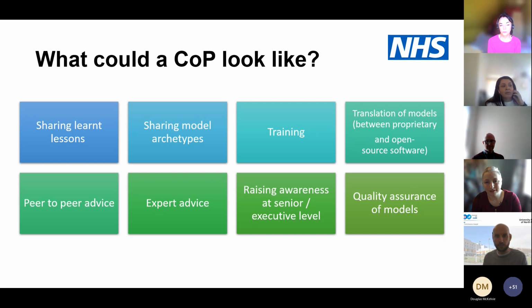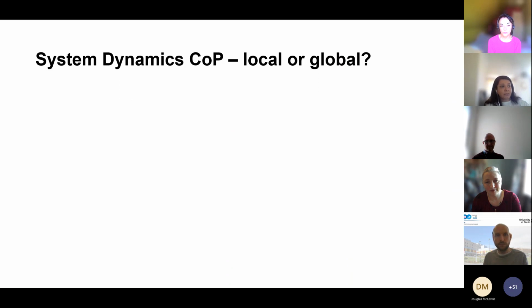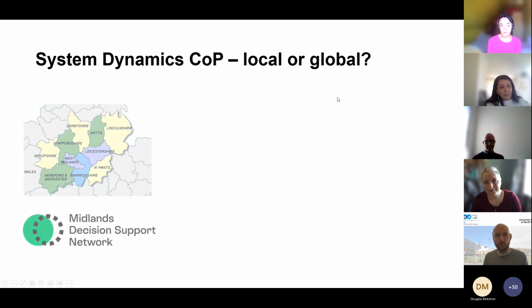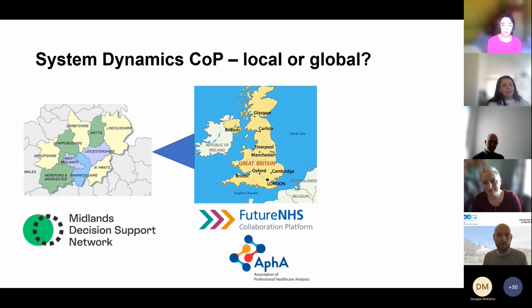Peer support, mentoring, expert advice. Those are the things that we are thinking of in terms of the community of practice. And I have to mention that Stacey has been part of this project about the community of practice, because there is what you are doing already in the Midlands, but there are also other national networks, AFA, and what we are trying to bring together in the demand and capacity team.